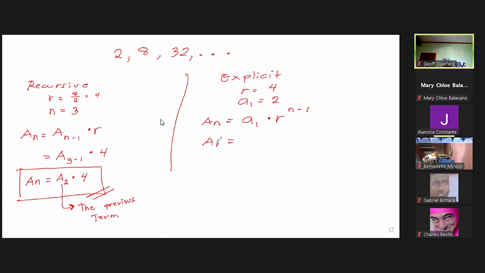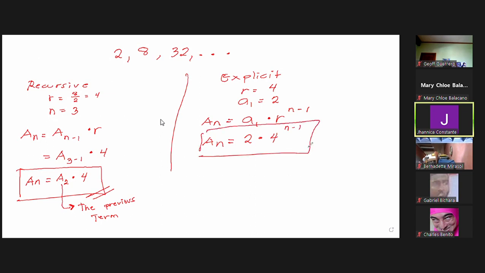So an, first term is 2 times the common ratio 4, raised to n minus 1. So that is our explicit formula. Okay? So writing the recursive and explicit formula of our geometric sequence is easy.